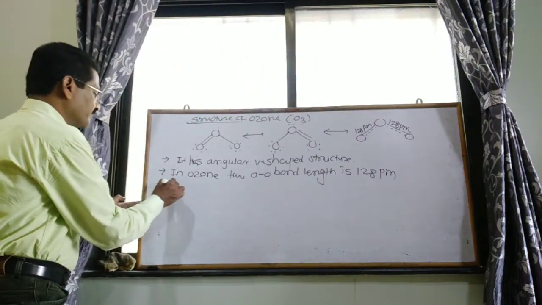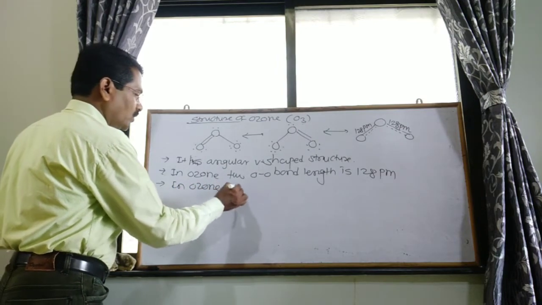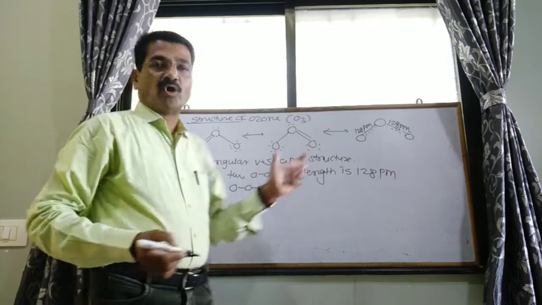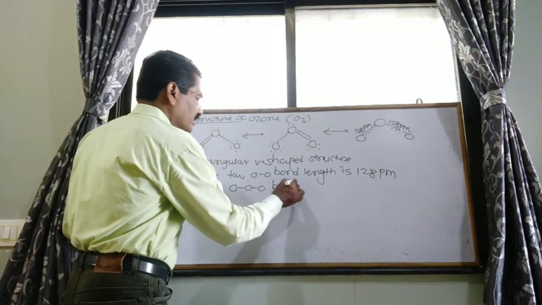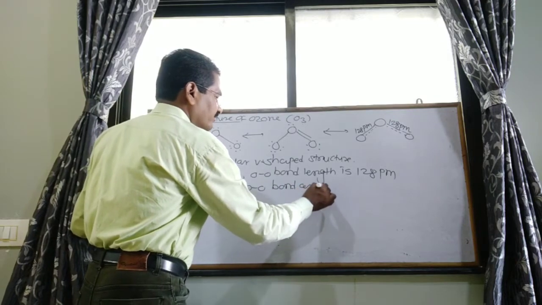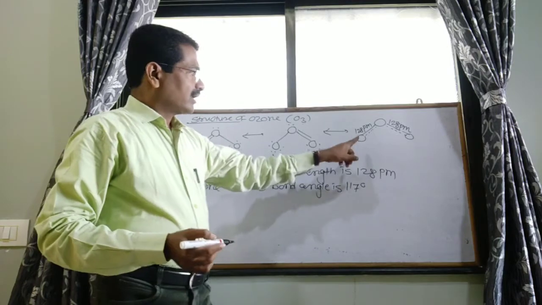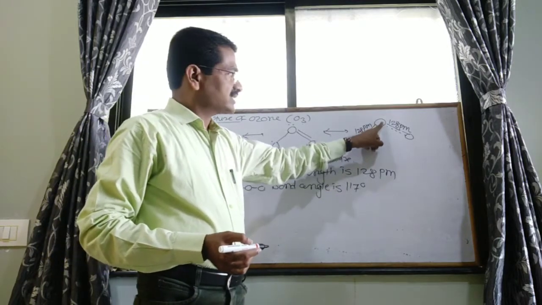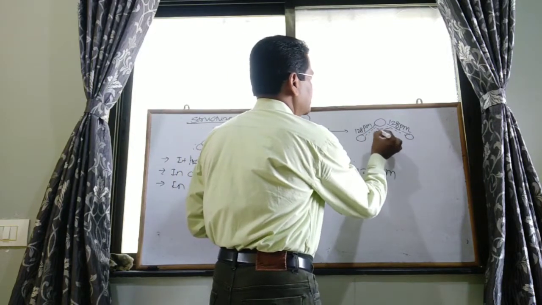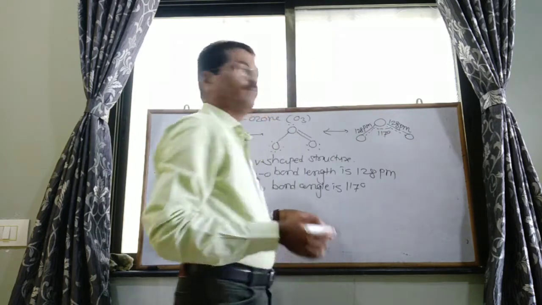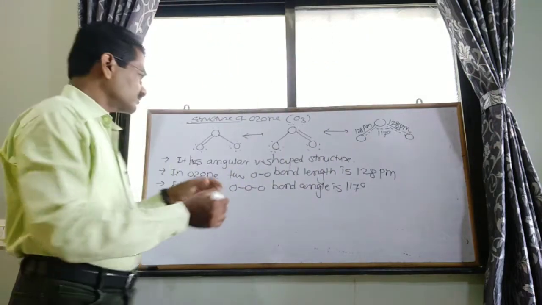In ozone, the O-O-O bond angle is 117 degrees. This oxygen is linked with this, and lastly the bond angle between them is 117 degrees, forming the V-shaped angular structure.